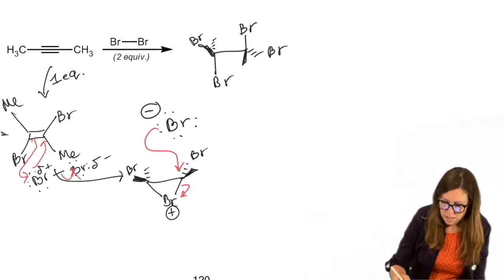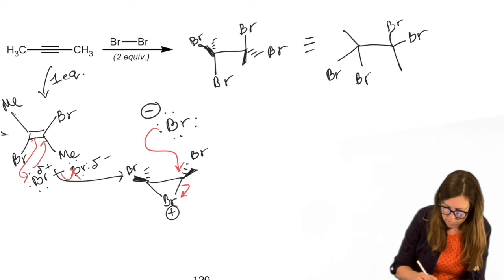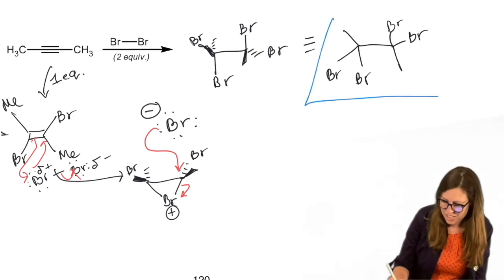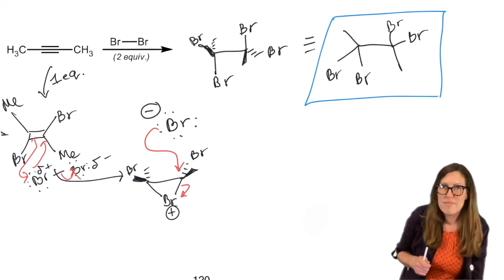You don't have to think about that, and you just say, well, this equals this tetrahalo alkane. See that? No enantiomer to draw. It's not chiral.